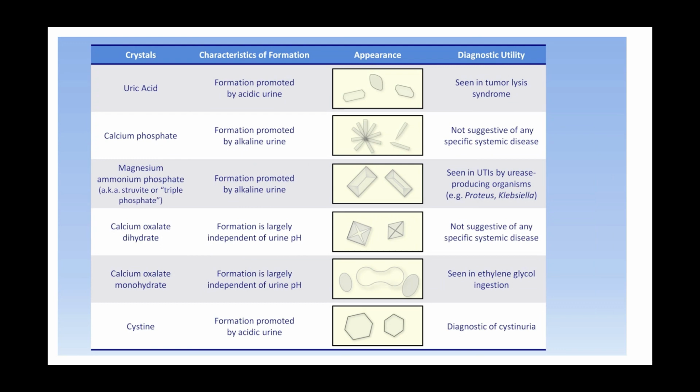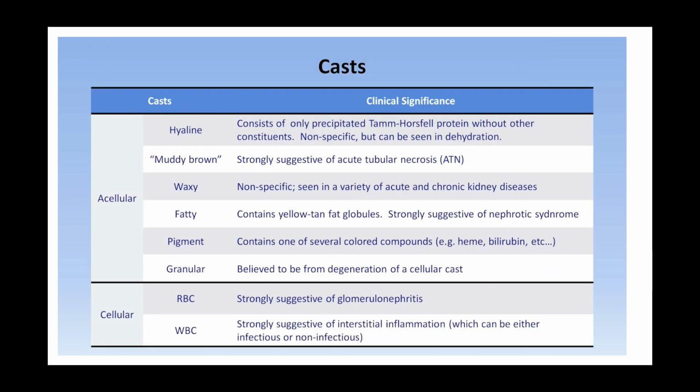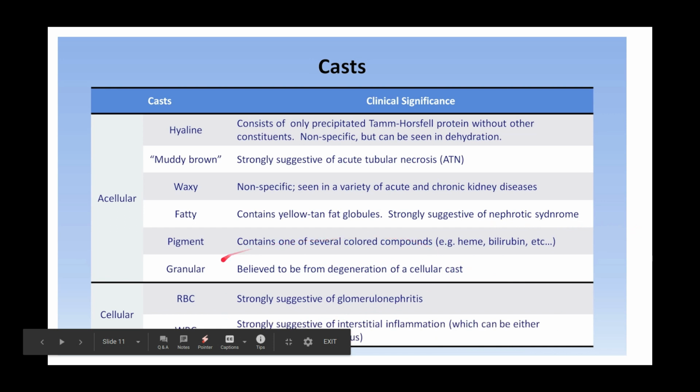These are the crystals found in urine. Usually crystals are found in nephrolithiasis. So there will be uric acid crystals, calcium phosphate crystals, and calcium oxalate crystals. These are the most common crystals that can be found. Casts, we talked about casts before, and there are two types of casts: cellular and acellular. Cellular casts, RBC casts or WBC casts.